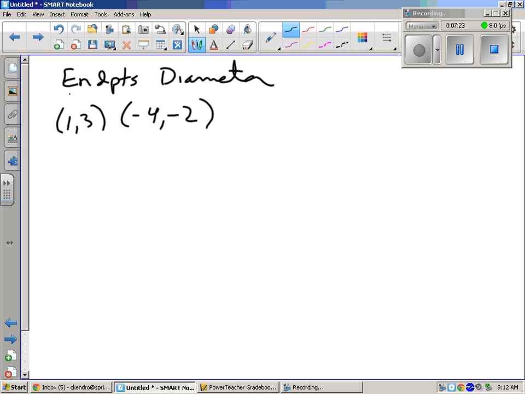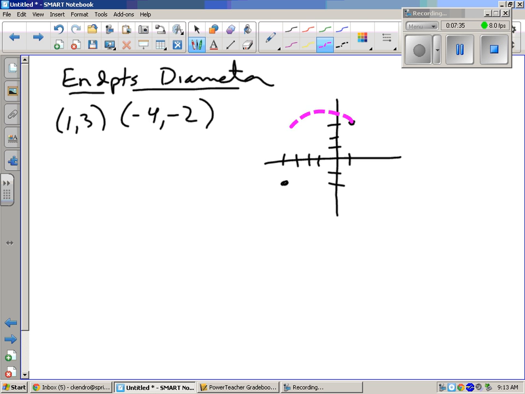These are the endpoints of the diameter, so let's draw a quick sketch here. If I go 1, 3, and negative 4, negative 2, I have a circle that goes around those. Okay, and this is the diameter.